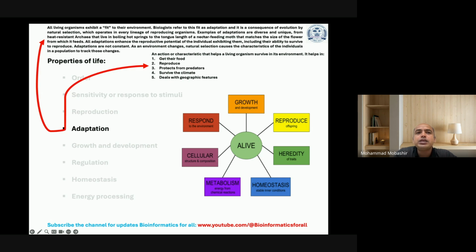These conditions may, however, change from one moment to the next. Organisms are able to maintain internal conditions within a narrow range almost constantly, despite environmental changes, through a process called homeostasis or steady state, the ability of an organism to maintain constant internal conditions. All these things come under homeostasis.